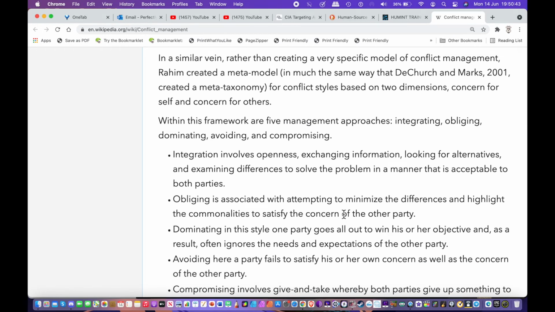Within this framework are 5 management approaches: integrating, obliging, dominating, avoiding, and compromising.